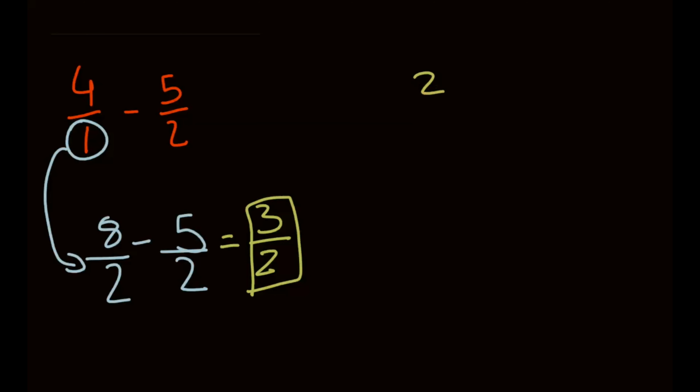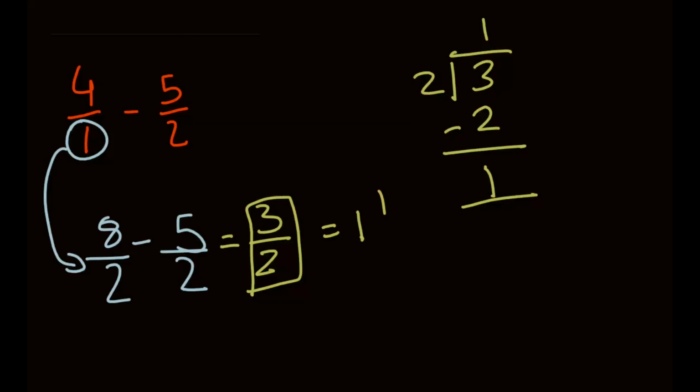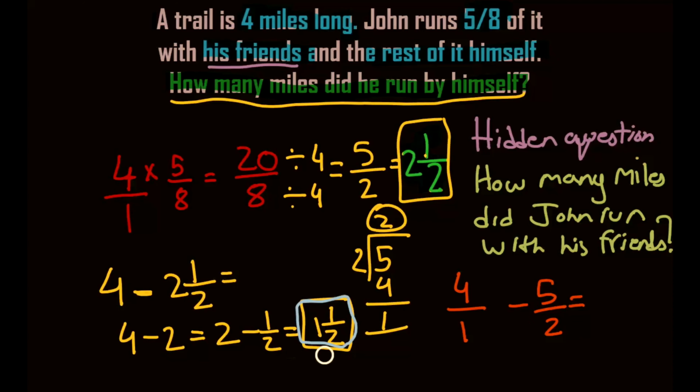You just divide. 2 into 3: 2 times 1 is 2. Subtract, get a remainder of 1. So our whole number is going to be 1, our numerator is going to be 1, and our denominator stays the same, 2. So we got 1 1/2. Let's check, did we get the same answer both times? Here we got 1 1/2, and when we go back here, we got 1 1/2.